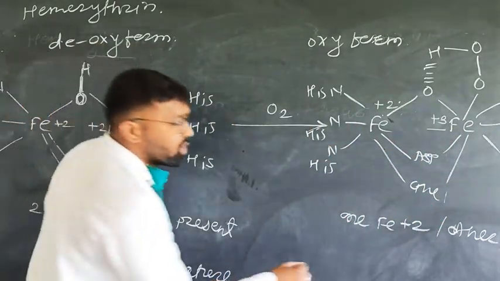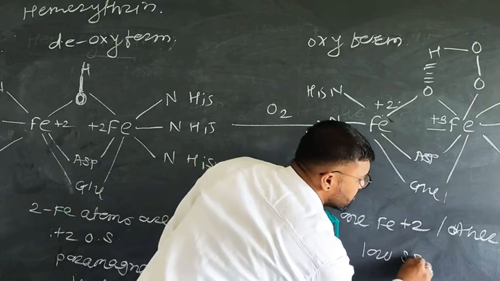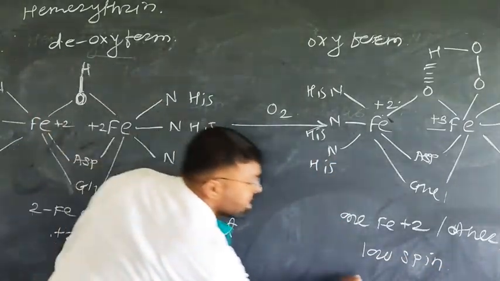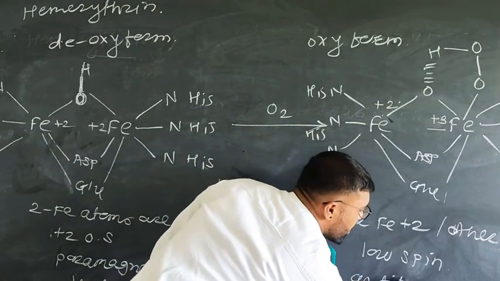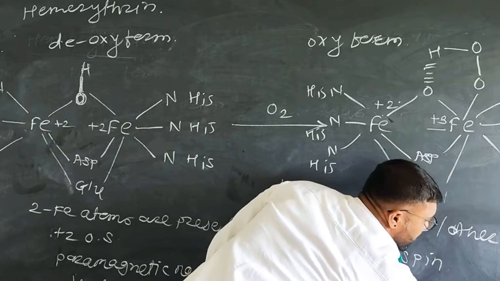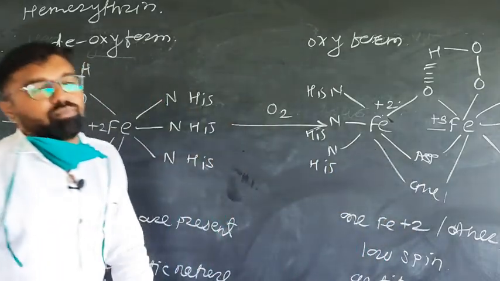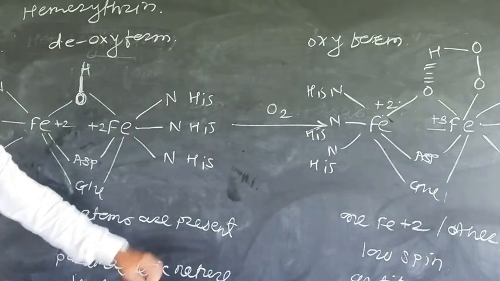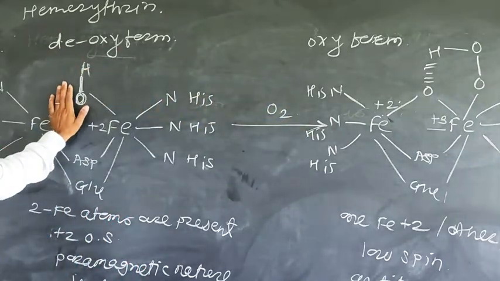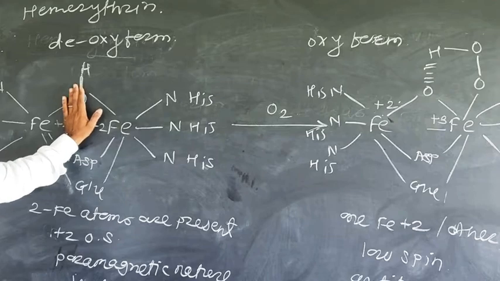Both Fe are in low spin, and this is anti-ferromagnetic in nature for the Fe. This is about the oxyform, and this is about the deoxyform of hemerythrin.